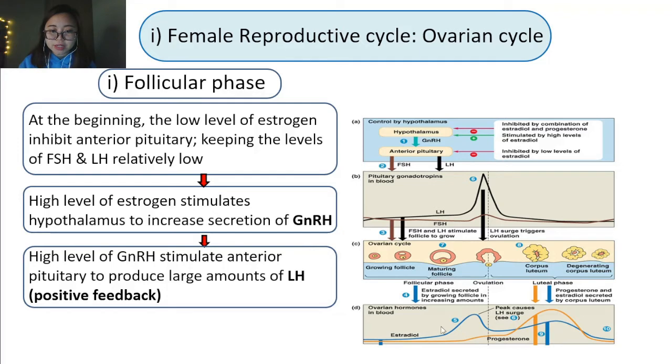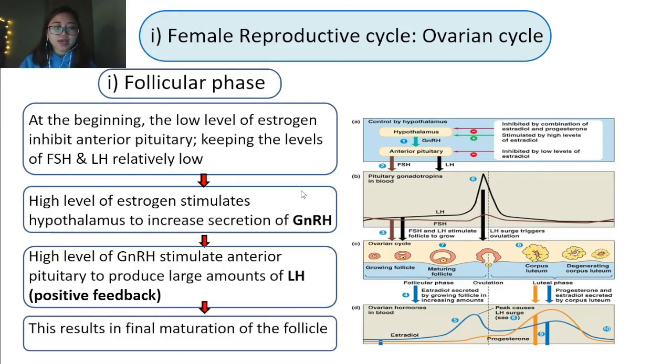So, kita nampak di graf sekarang, estrogen semakin naik, GnRH akan semakin naik, LH semakin naik, itulah LH di sini semakin makin tinggi. And this will result in the final maturation of the follicle. So, semakin banyak hormon-hormon ni, semakin banyak estrogen, semakin banyak luteinizing hormone, semakin matanglah itu follicle.